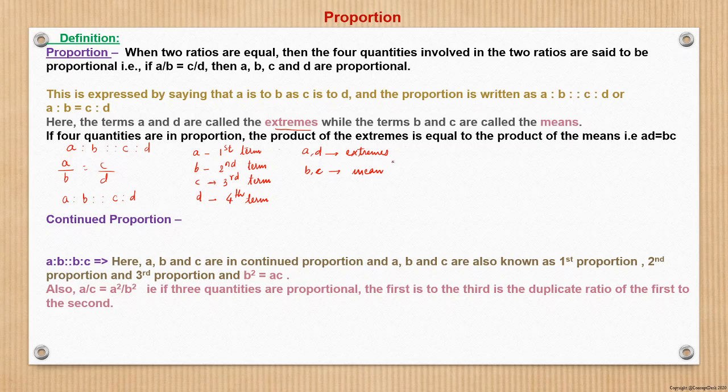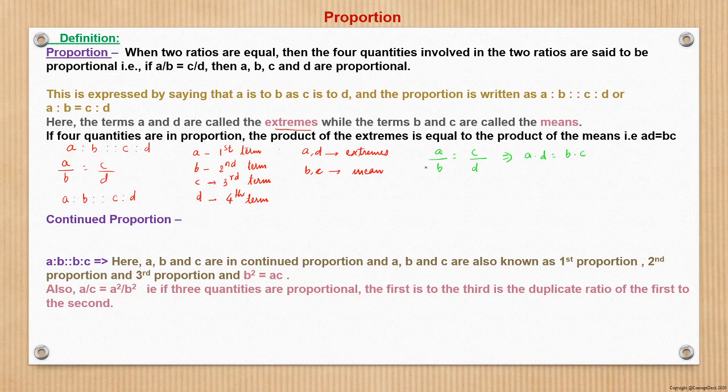So now, if we see here, a couple of things we can note down. If A by B is equal to C by D, can we not say A into D is equal to B into C? Therefore, the product of the extremes, A into D, is equal to the product of means.